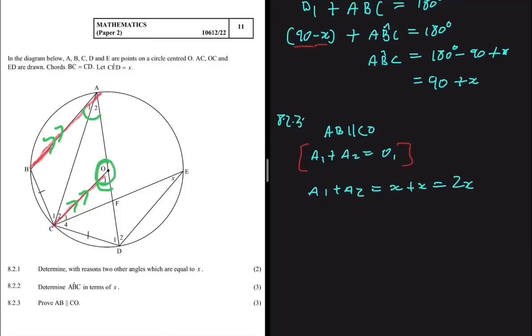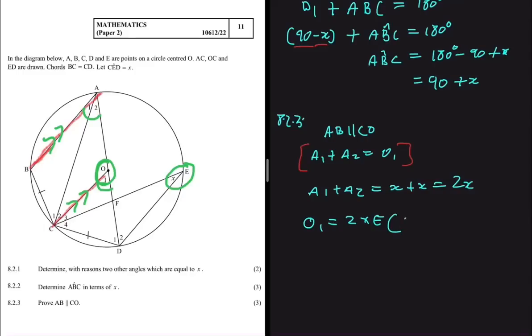So O1 here should be 2 times angle E, right? And angle E is x. So now it will be easy to see that O1 is equal to 2 multiplied by angle E. Why are we saying that? The angle at the center should be 2 times the angle at the circumference, right? So you write that down.